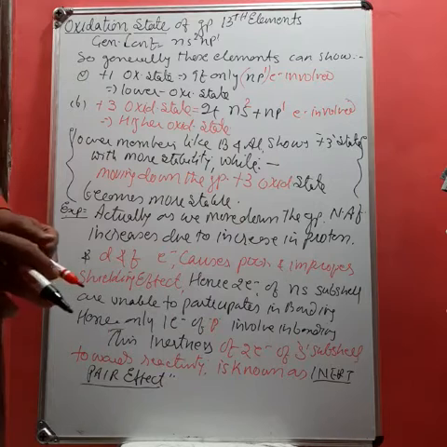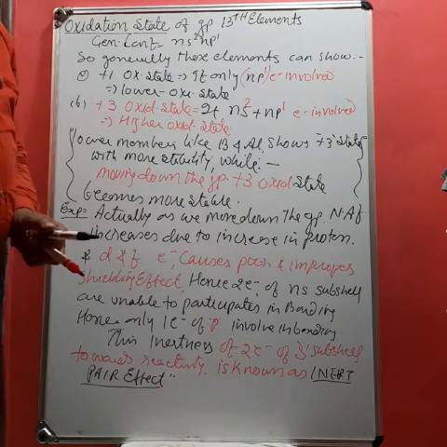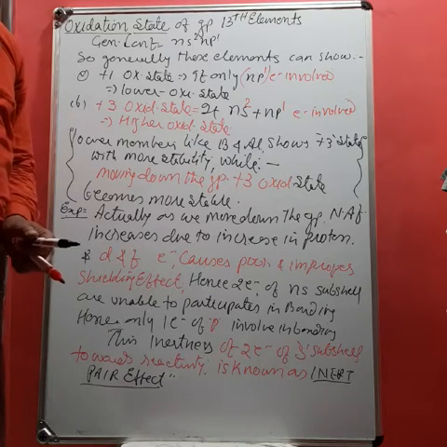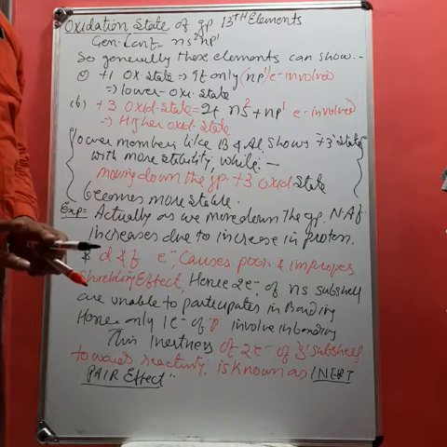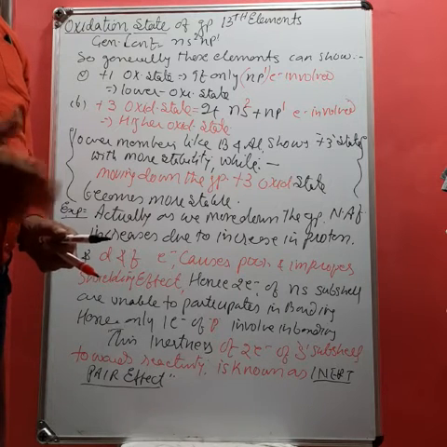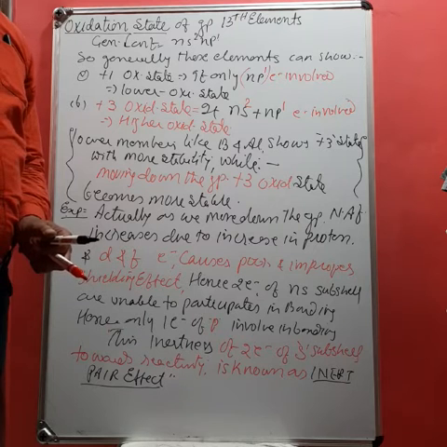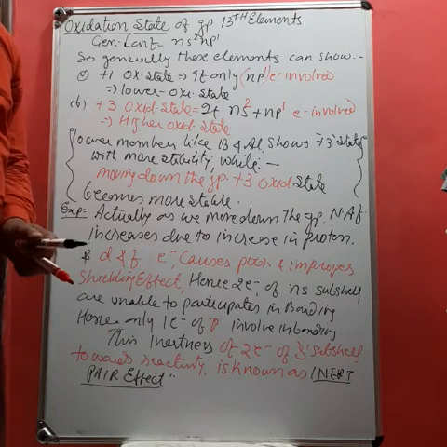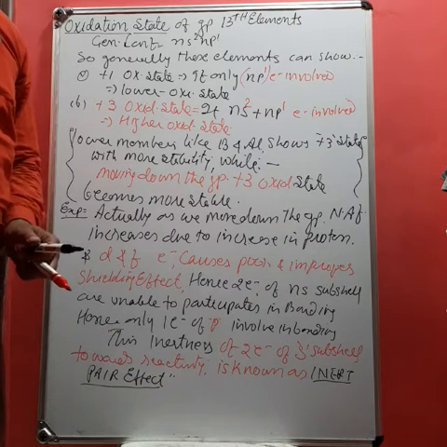Actually, what happens in p block elements? The valence shell consists of two subshells, s and p. s has 2 electrons and p has 1 electron. For the lower members, that is boron and aluminium, there is no introduction of 10 electrons in the d subshell.